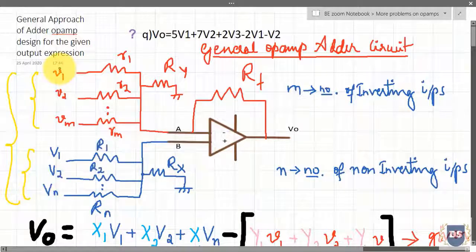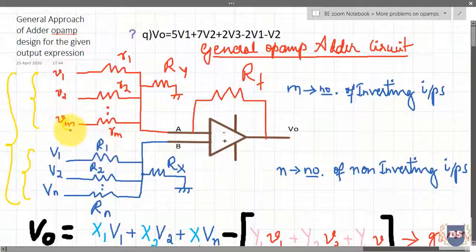Voltage sources associated with the inverting input terminal are represented in small letters, and the ones associated with the non-inverting input terminal are represented with capital V's. Correspondingly, the resistances associated with the inverting input terminal are represented by small r's, and the ones associated with non-inverting inputs are represented by capital R's.